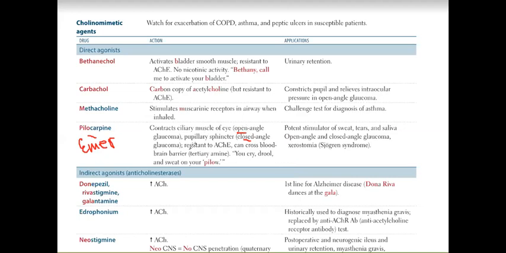Then you see it is written that it is resistant to acetylcholine esterase enzyme, as it was written at this particular level.